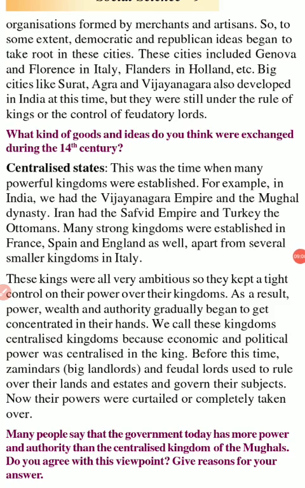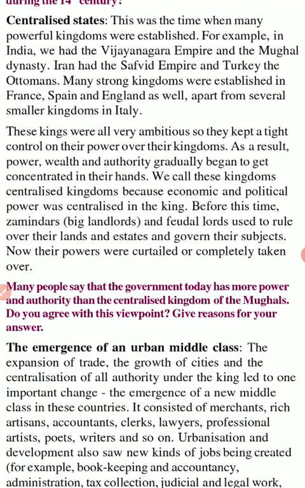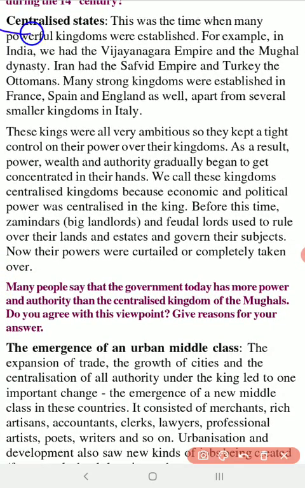Okay, now the second important facet of change is centralized states. So we see centralized means to hold everything in one. In the beginning, we see that the kings usually form part of this centralized scheme. Okay, so this was a time when many powerful kingdoms were established.